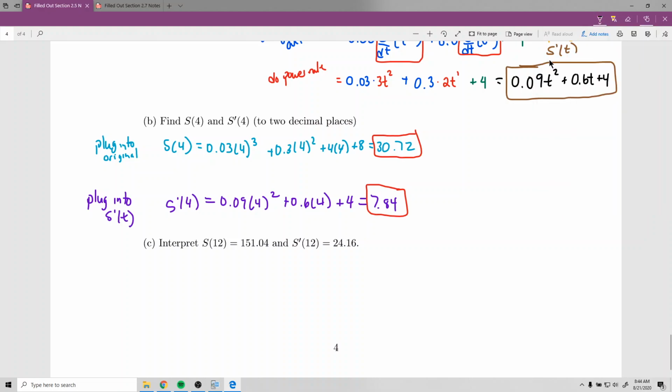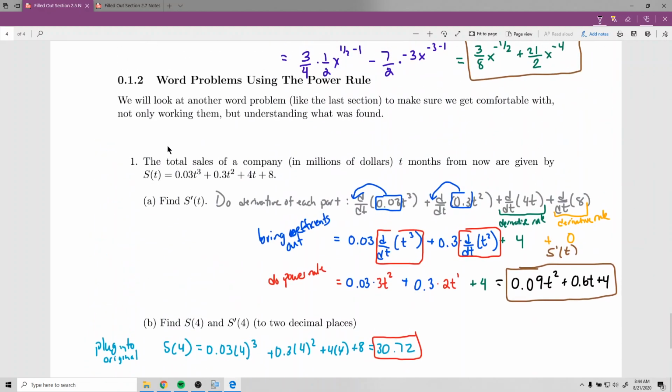All right, so the last one is to interpret these results. They give you some results, so they're not asking you to interpret what you got up here. What does s of 12 equal 151.04 mean? Well, you have to go back and read the problem again. So what s of t means is it's the total sales of a company in millions of dollars t months from now. All right, so the t is the number of months.